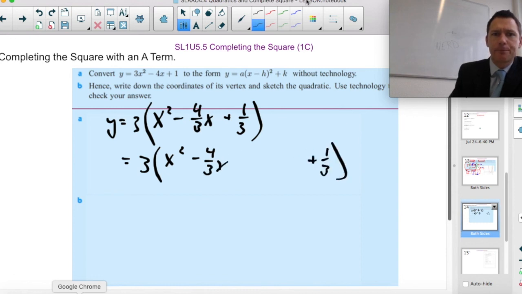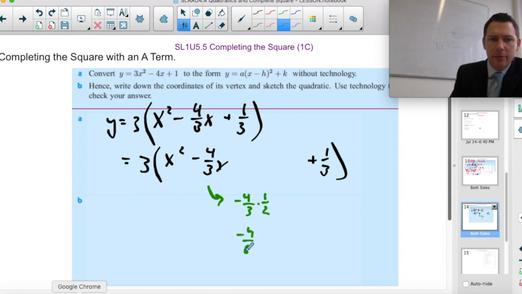Still in the parentheses. You could take half of this, and -4/3 divided by 2 is like saying times a half. And if you're multiplying fractions, you multiply everything on top, everything on bottom, and then you simplify. That's your mathematical fraction skills flexing there again.